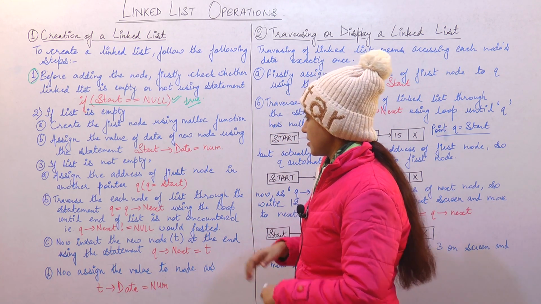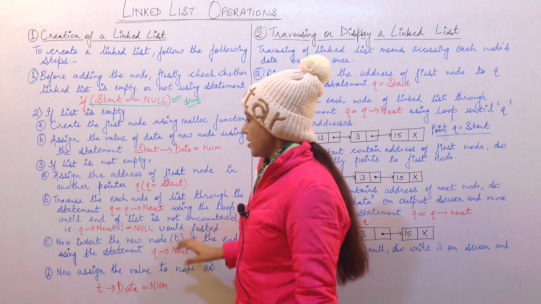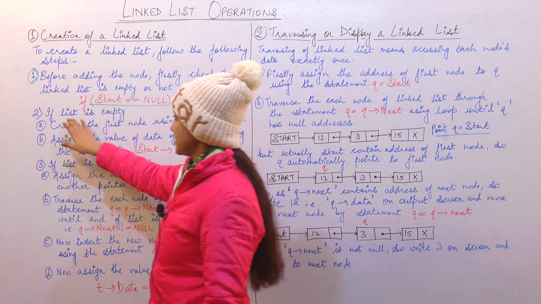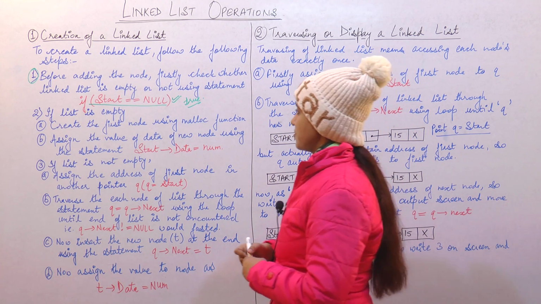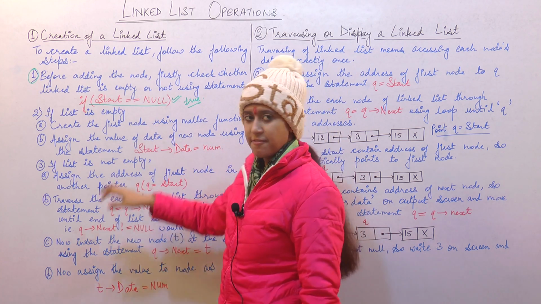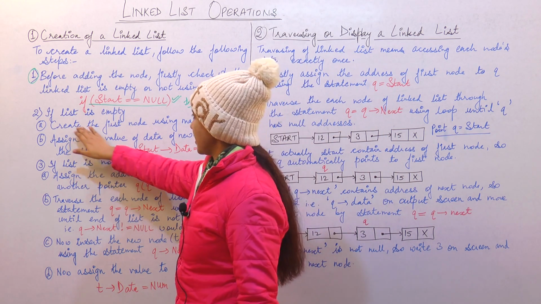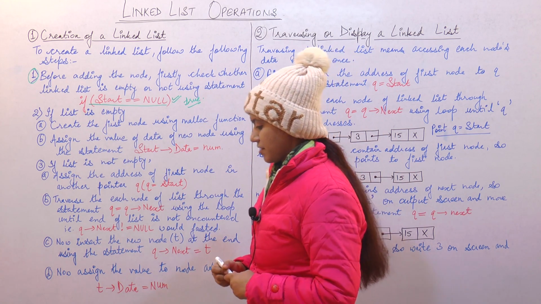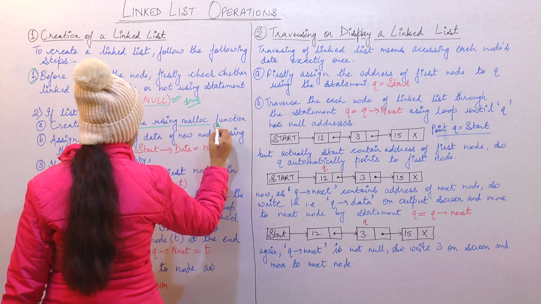So let's see the steps of creating or adding nodes to the linked list. The second step says, if list is empty, that means if the condition start equals to null becomes true, then we will first create a node using the malloc function.